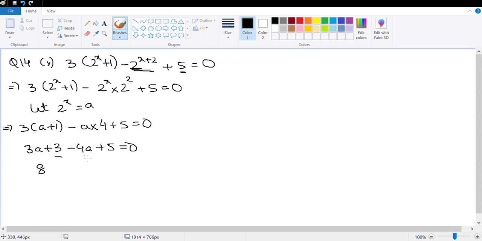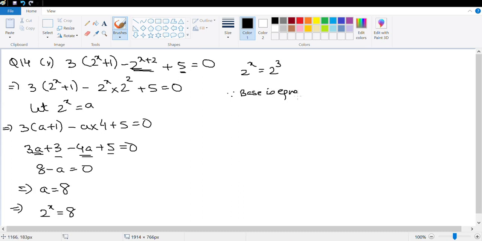That's 3 plus 5, that's 8, and 3a minus 4a is negative a, is equal to 0, which means a is equal to 8. We've taken 2 to the power x as a, so a is equal to 8, which means 2 to the power x is equal to 2 cube. Since base is equal, therefore x is equal to 3. That's what they wanted us to calculate.